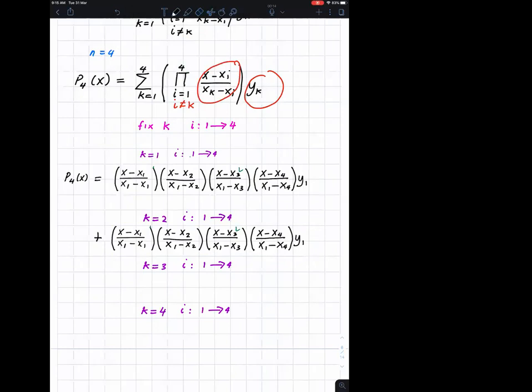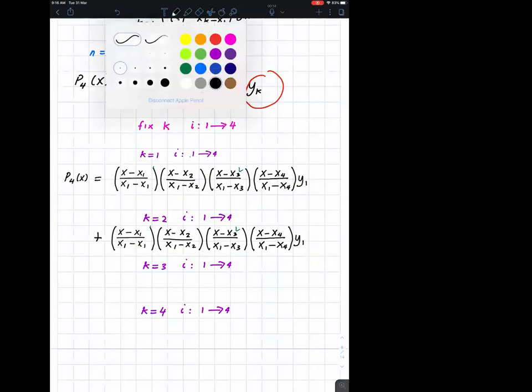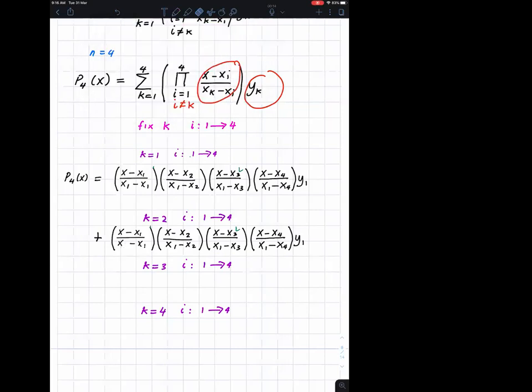Okay, I'm going to repeat now. k is equal to 2, so wherever there was k, you change it to 2.